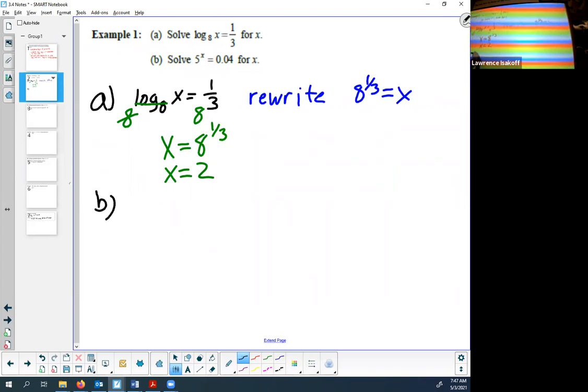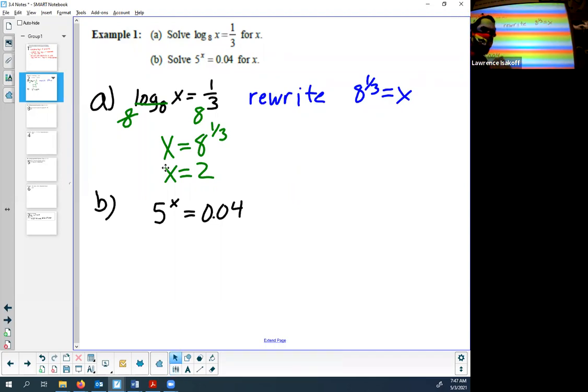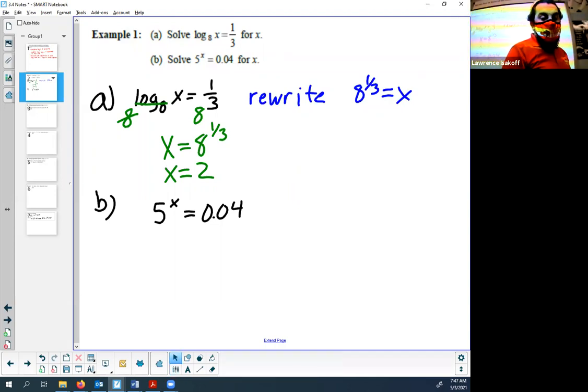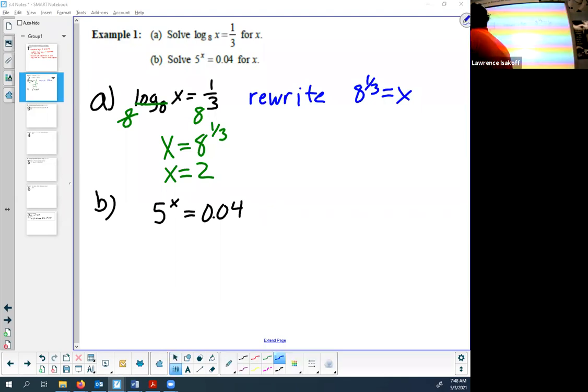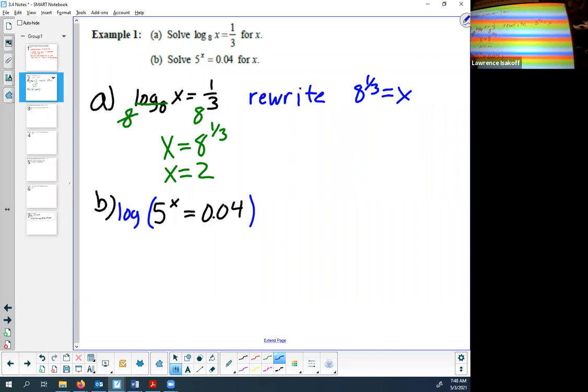So B says 5 to the x is equal to 0.04. Again, you can think of this either as rewriting or just taking the log of both sides. I think for you guys, it's just going to be easier to say, let's just take the log base 5 of the whole thing.